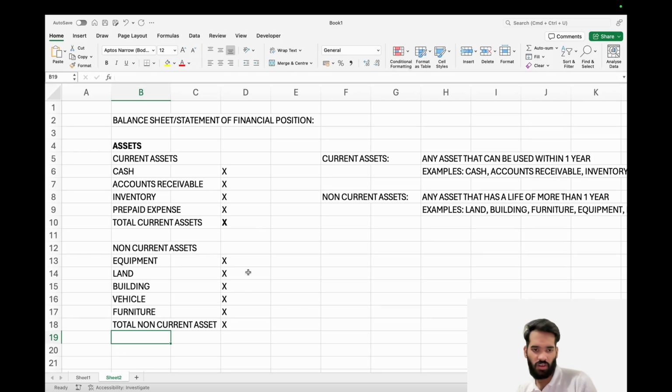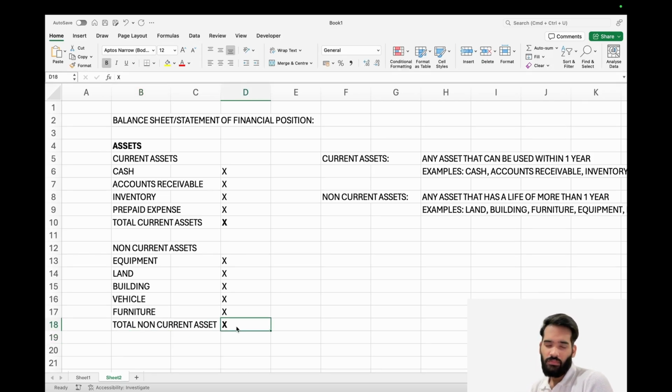So just to give you a general guideline, under US GAAP or any GAAP, we are supposed to mention the assets in terms of their liquidity, meaning how quickly they can be used up. Cash is the most liquid asset, meaning I can use it literally right now, right? I can buy something literally right now. Accounts receivable is a little bit more illiquid, right?